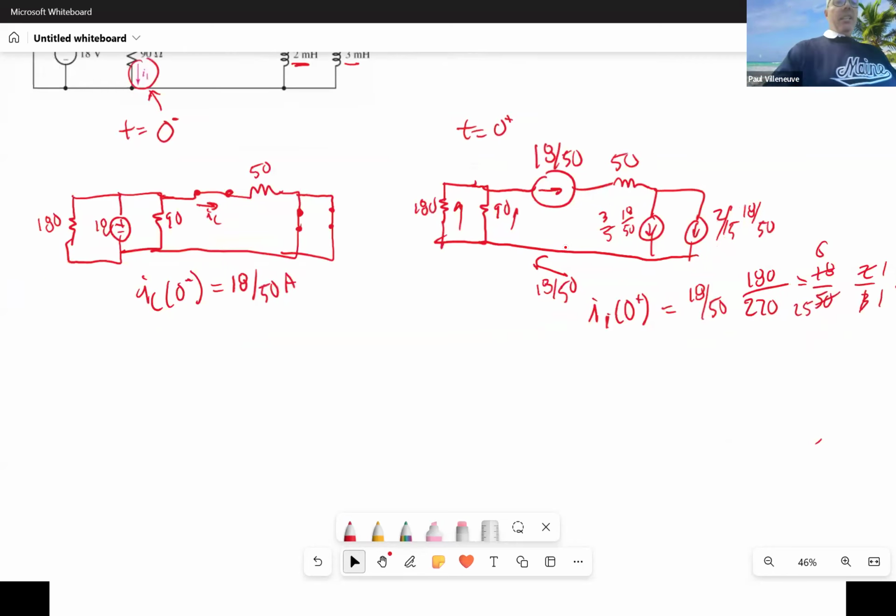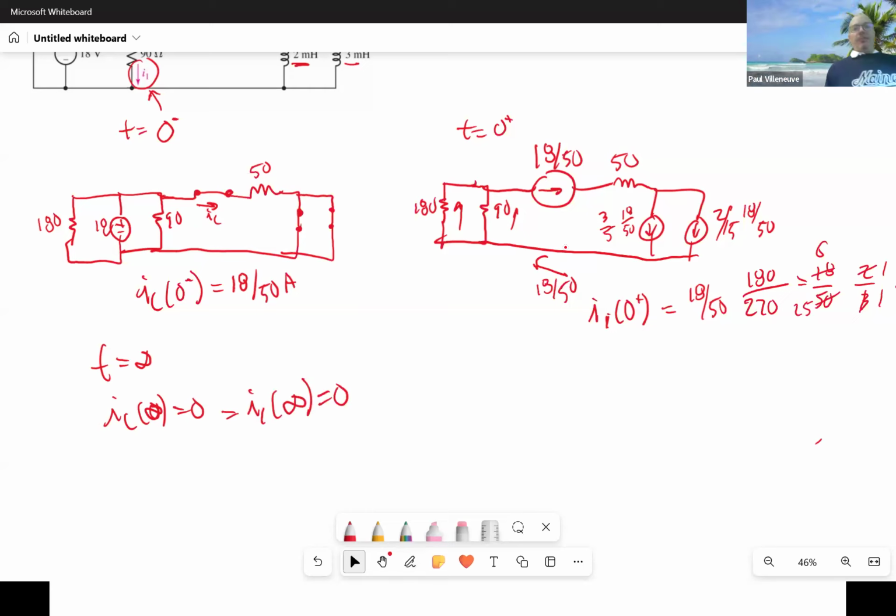Now I need to do my T of infinity for both circuits. What's T of infinity going to be equal to for IL? 0, right? The inductor is fully discharged, which also means I1 of infinity is going to be equal to 0.